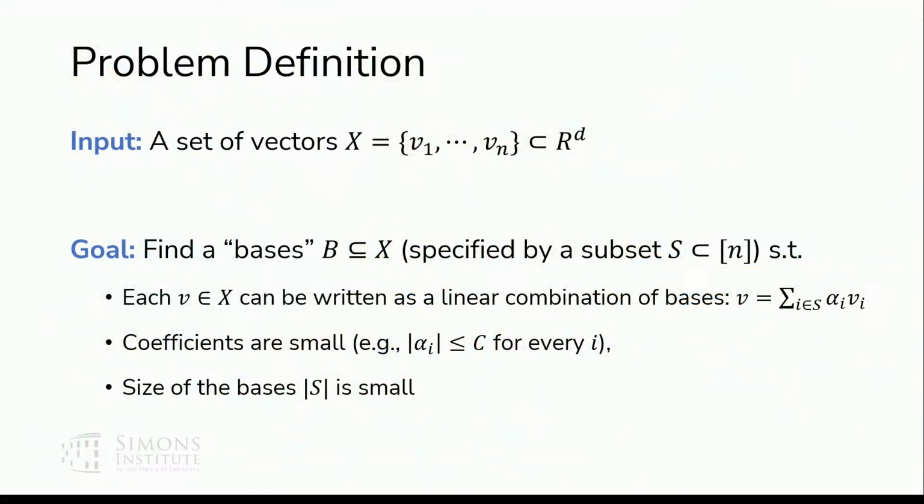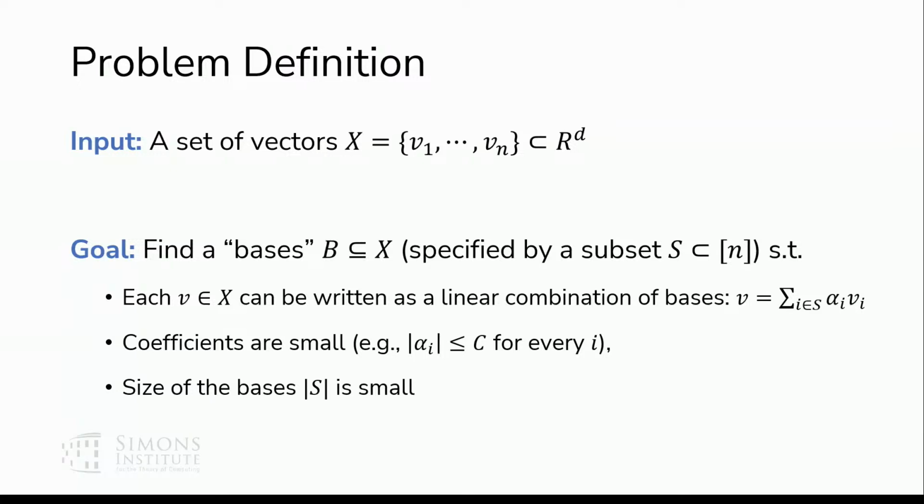So we are given a set of vectors, let's say V1 to Vn, in a d-dimensional Euclidean space. And the goal is to find some basis for this set of points, such that I can write every point in the input as a linear combination of the vectors in the basis in a way that the coefficients in this linear combination are small.